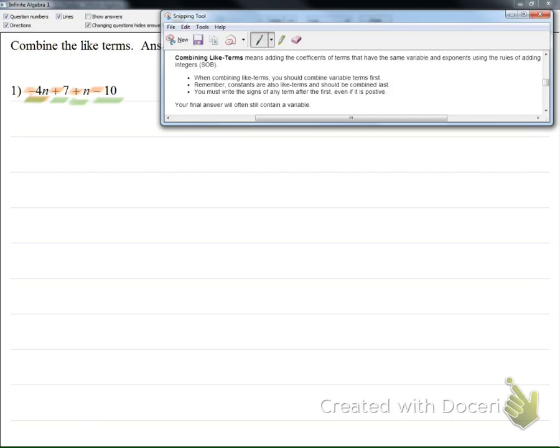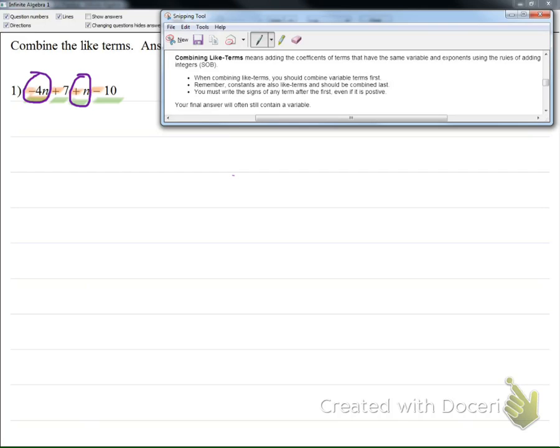When we say a term is alike, it means it has the same variables with the same exponents. Now we're just going to be looking at linear equations, so you won't have any exponents. Let's find all the variable terms that are alike. A variable term is a term that has a letter in it. So we have negative 4n and positive n.